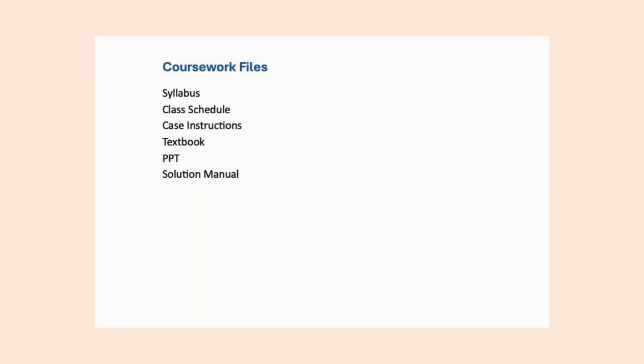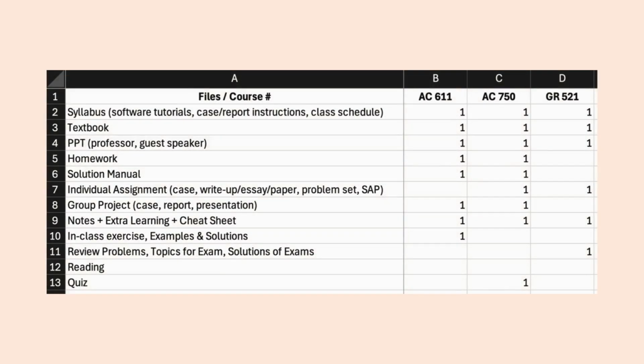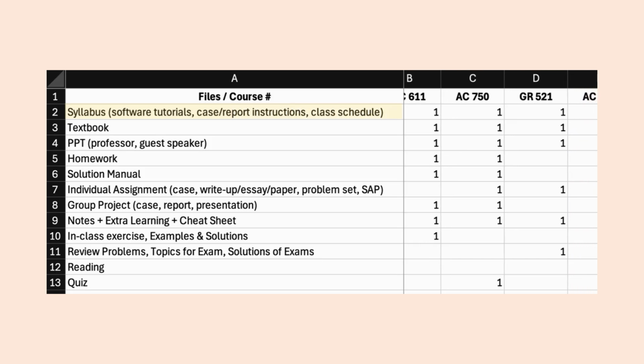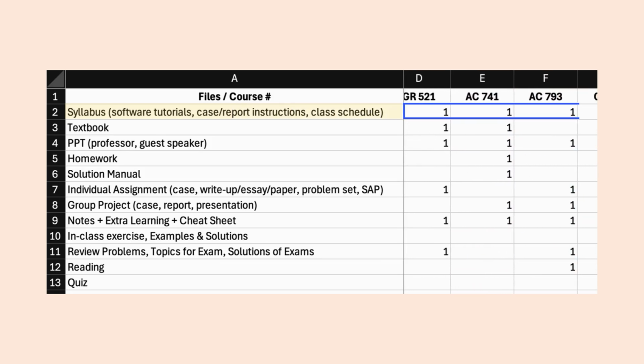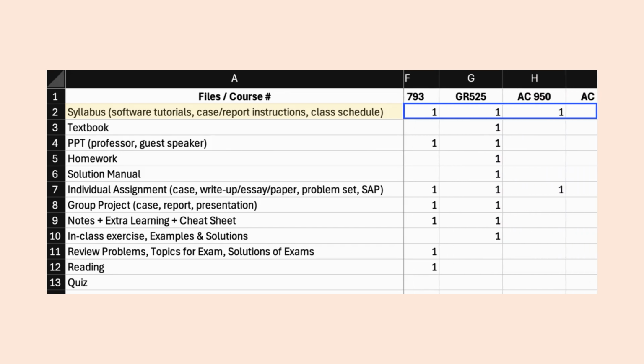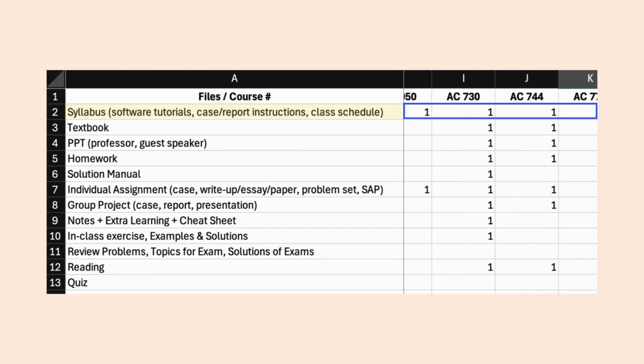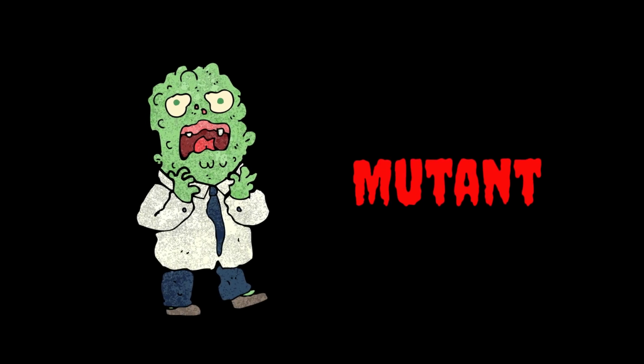By vertically, I mean I first listed all the coursework files I've used for each course. Then I slightly grouped some of these files together and counted their frequency, which are those red boxes. Then I also checked each file type horizontally across different courses, which are these blue boxes, to see whether these files may have any mutants. And I did find some mutants.